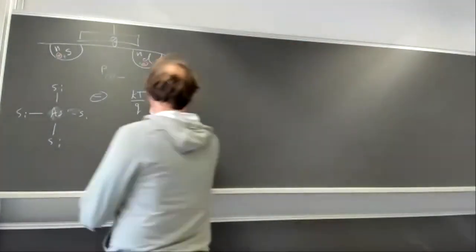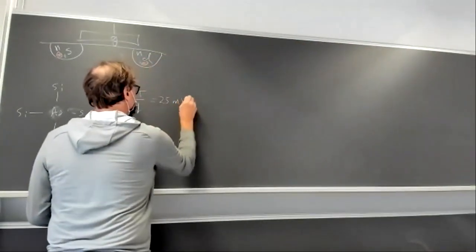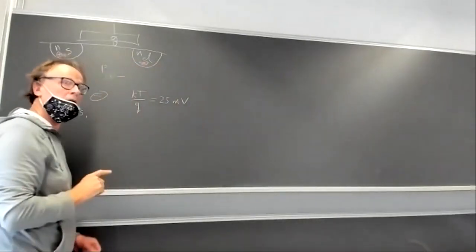Okay, so I'll just write the thermal voltage. Anybody know that number? 26 millivolts. Yeah. Not 25 millivolts. We'll just call it 25 millivolts. That's a voltage, but it actually corresponds.